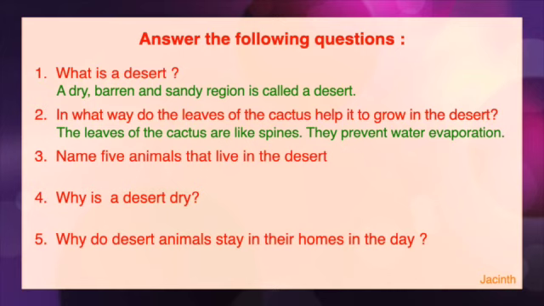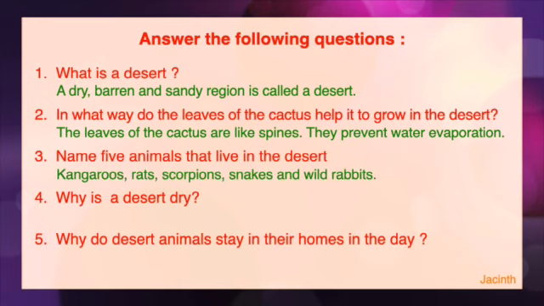This helps them to grow in the desert. 3. Name 5 animals that live in the desert. In the passage, the names of 7 animals are given. You can write down any 5. I have written kangaroos, rats, scorpions, snakes, and wild rabbits.